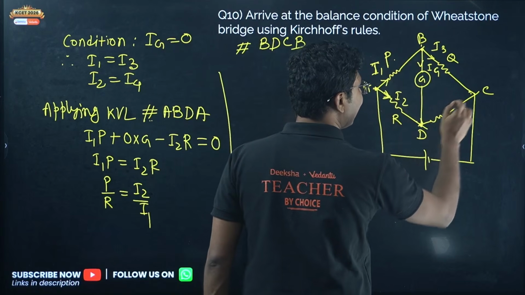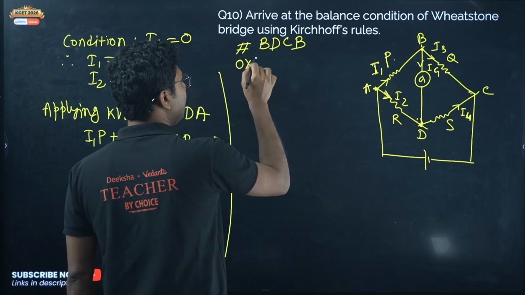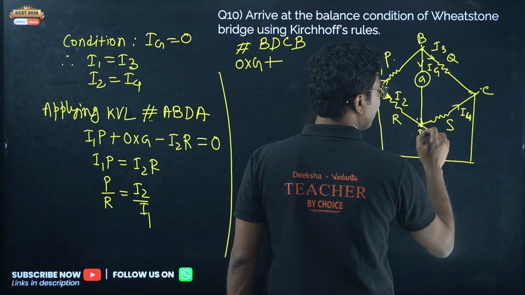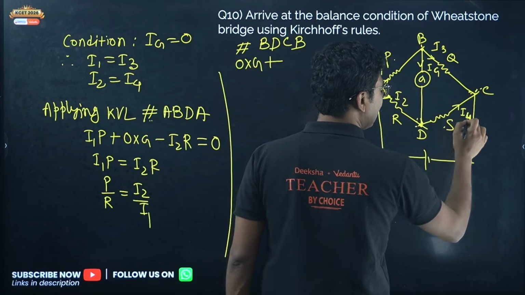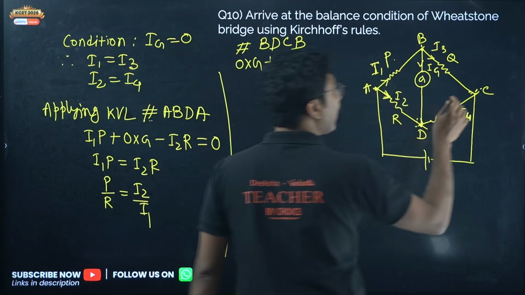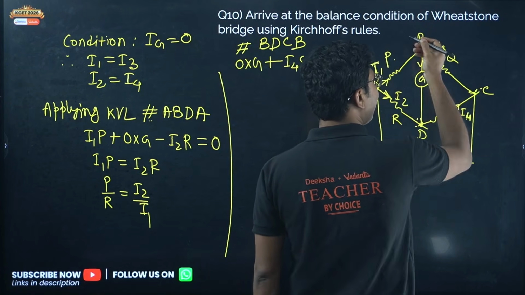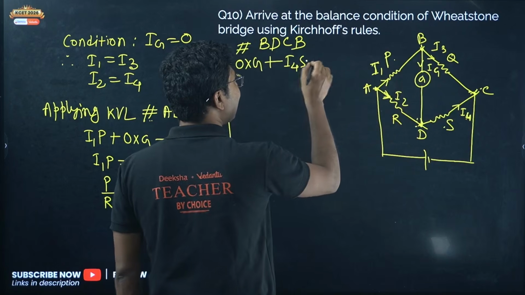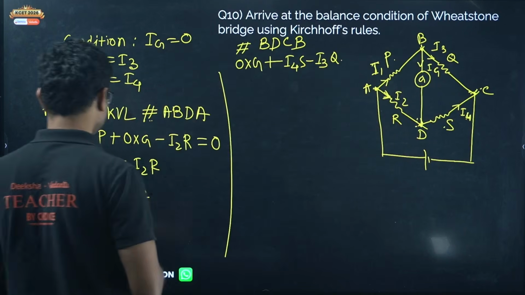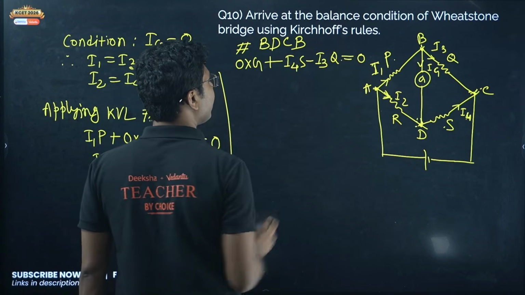B to D is IG into G, that is 0 into G, plus D to C, we are going in the direction of current, so I4 into S. And while going from C to B, we are going against the current, so minus I3 into Q. And there is no cell connected, so it will be 0.